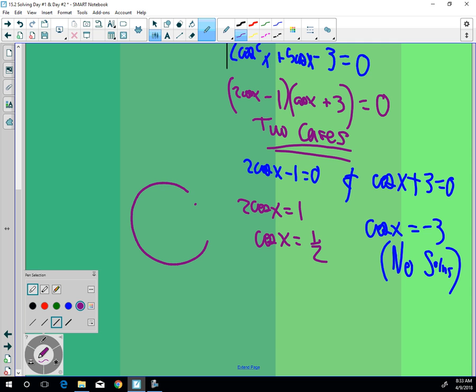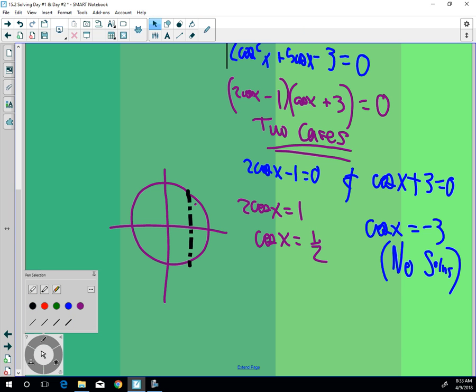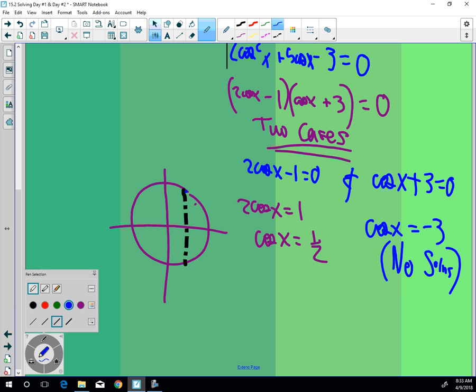Now do our little magic trick that we learned a few moments ago that I said you're going to use a lot. Lifesaver. Cosine x is 1/2. So cosine is 1/2, like that. Okay. So what are the 2 arc lengths that are going to work for this? X equal to what?